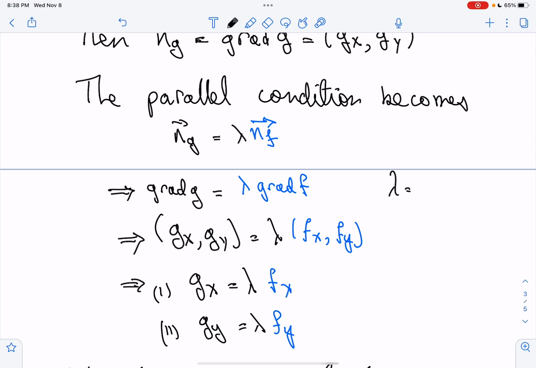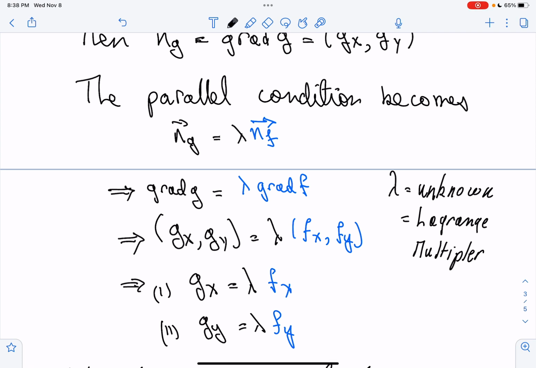Lambda is an unknown that we'll figure out as we go. And it's also called the Lagrange multiplier. And this method we're doing is called the method of Lagrange multipliers. And this gets used in economics, and that's where the term Lagrange multiplier comes from.